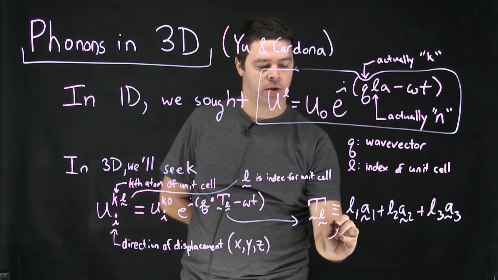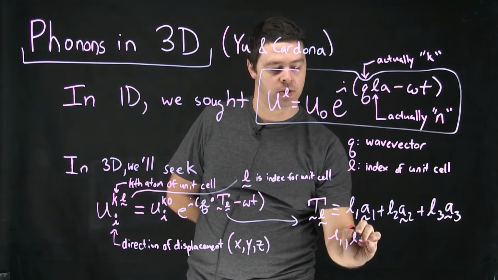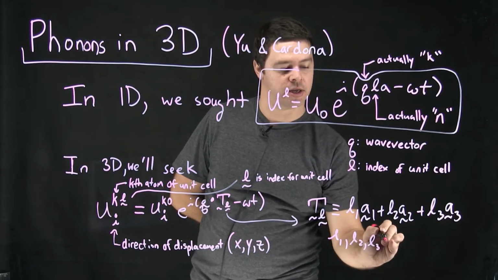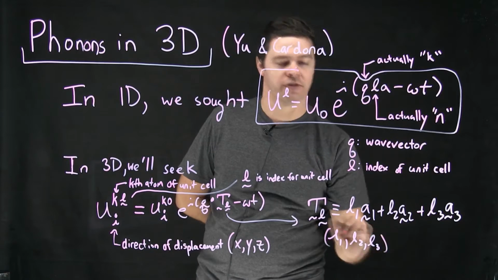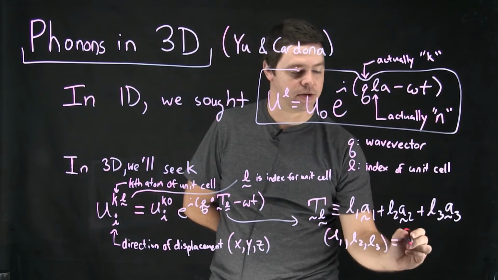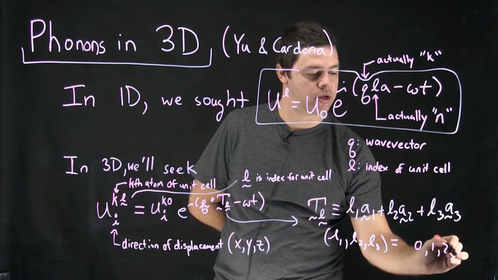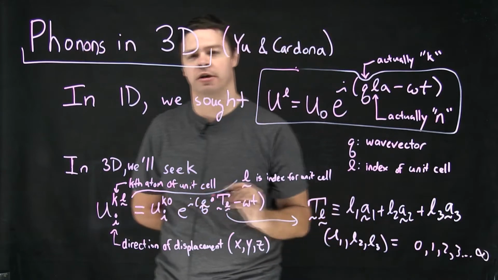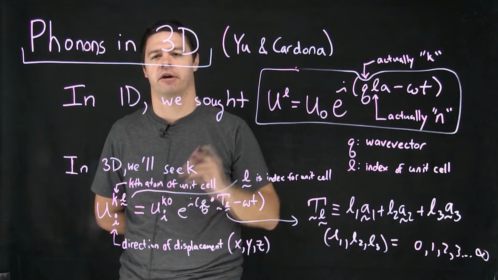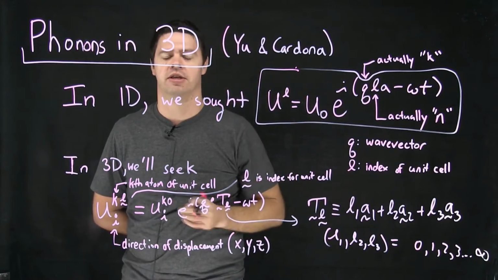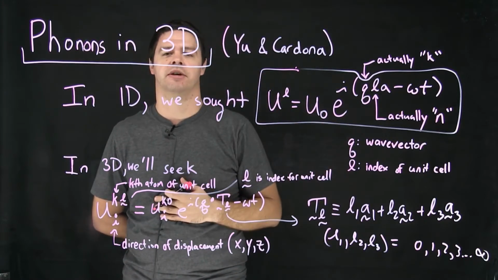And of course, L1, L2, and L3, whatever that tuple is, can take on values like 0, 1, 2, 3, all the way up to infinity, and maybe even count backwards depending on how you're doing the accounting for how you're numbering the unit cells.